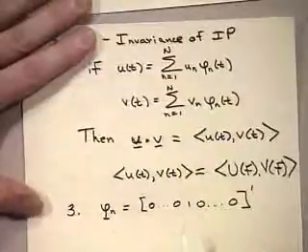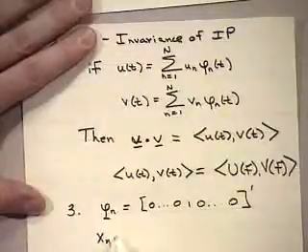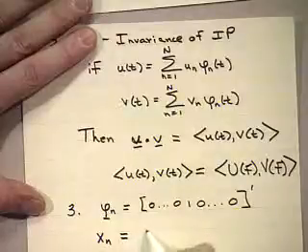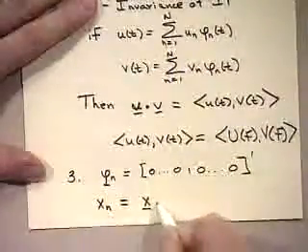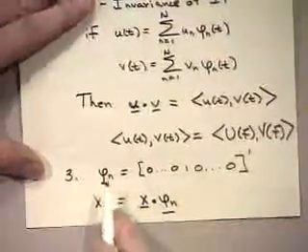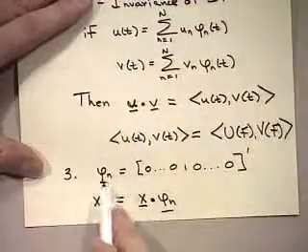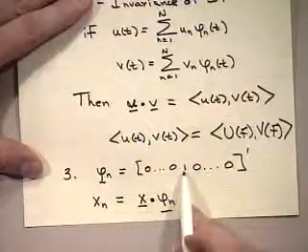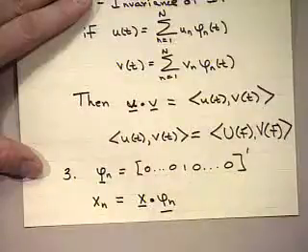I could do this, then x n, the nth component of the vector x, could be written as the vector x dotted with phi n. Now clearly I'm representing phi n here, so phi n of t can be represented in terms of a sum which is all zeros except for picking it out of the basis set. So that's all that means. I found a vector representation for that particular function, the basis set.